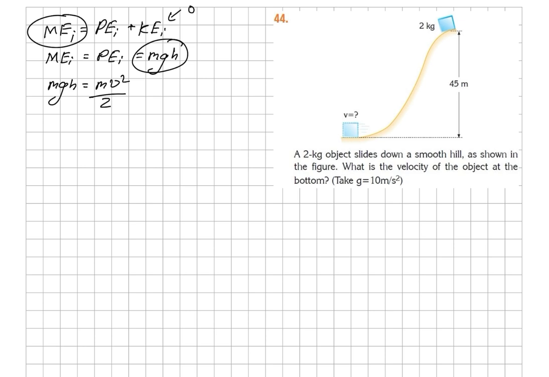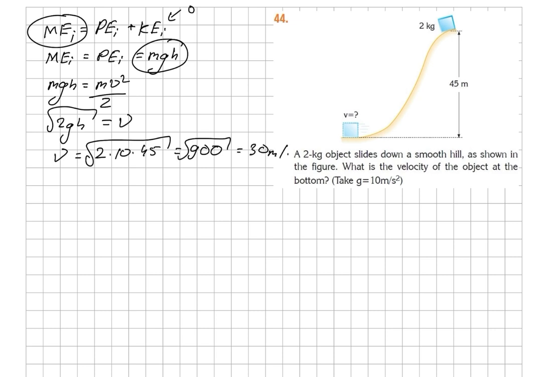We can cancel masses, and the square root of 2gh will be equal to the velocity. Velocity is equal to the square root of 2 times 10 times 45, which is the square root of 900, which is equal to 30 meters per second.